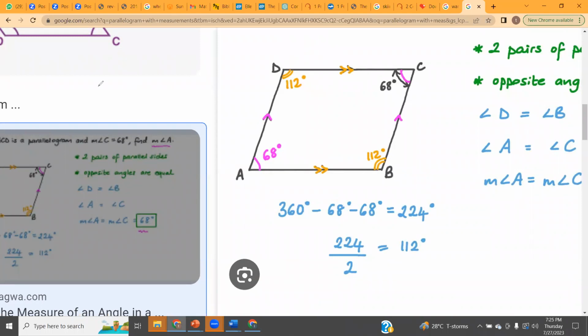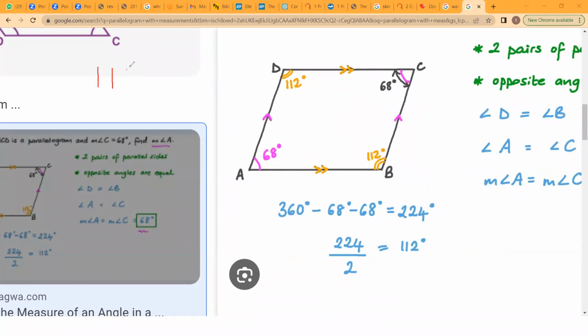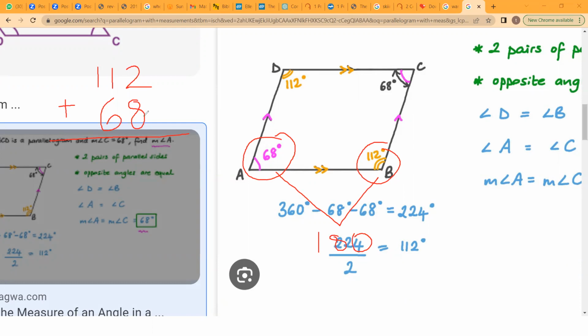What do we expect to get? These two are adjacent angles, right? So since they are adjacent angles, what do we expect it to be? 180 degrees, right?